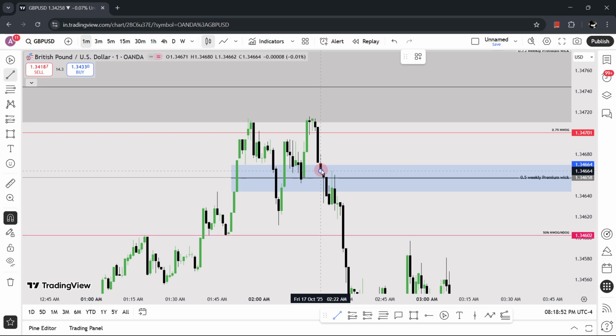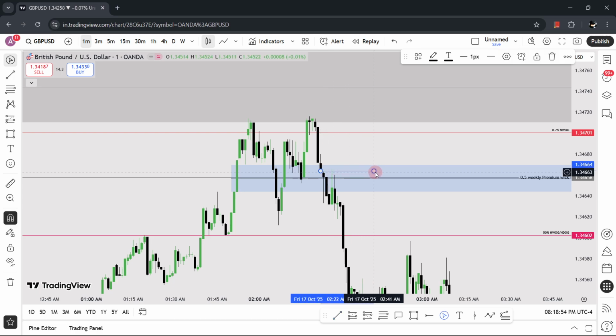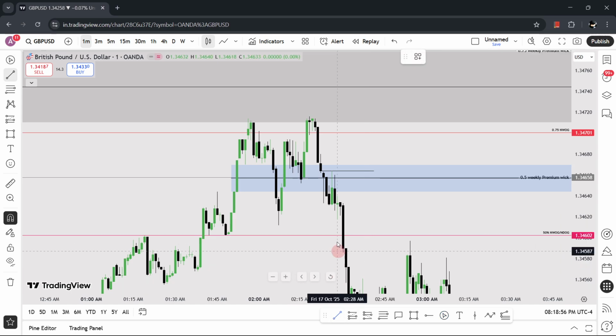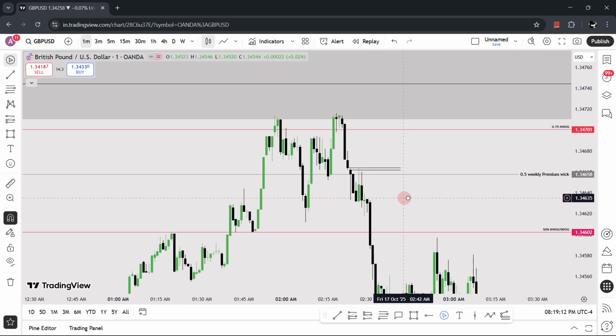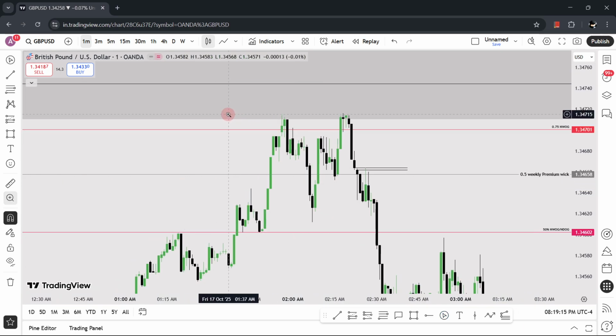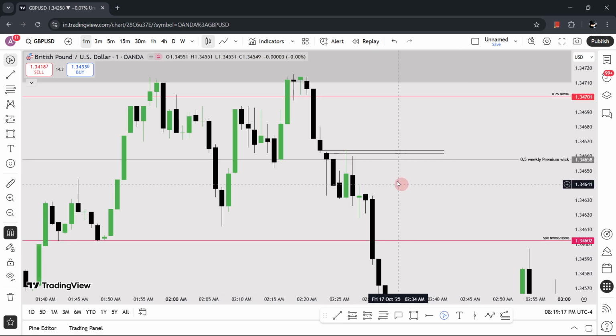You had this, I'm just removing this for a minute, okay. As you can see, this 5 minute fair value gap was here, okay, just memorize it. The market went into that. What is this particular candle called? I told you, right?